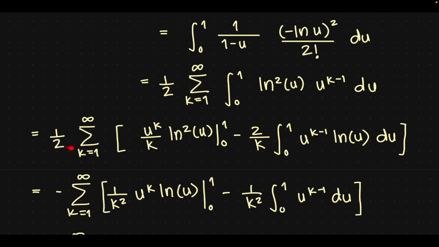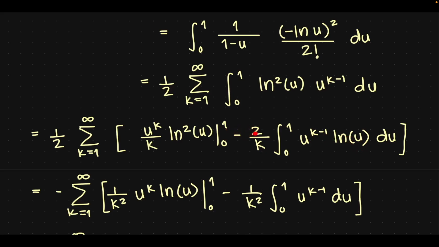So the first time we have 1/2 the sum from 1 to infinity of u to the k over k times ln squared u from 0 to 1, minus 2 over k times the integral from 0 to 1 of u to the k minus 1 ln u du. In this first term, we're integrating the u power, keeping the ln squared the same. And in the second, we're integrating the u and also differentiating the ln.